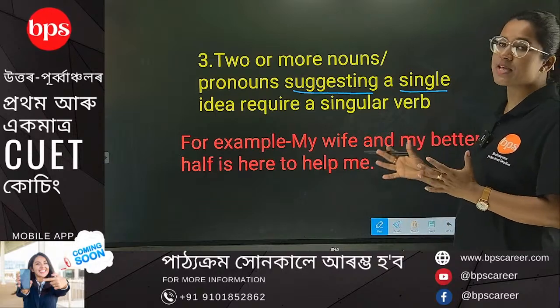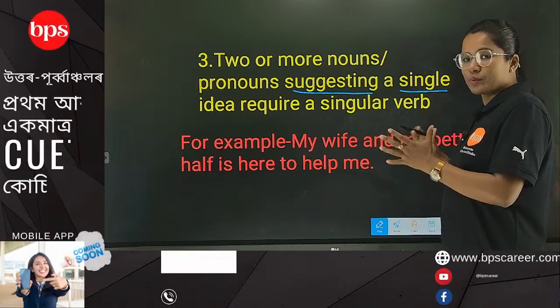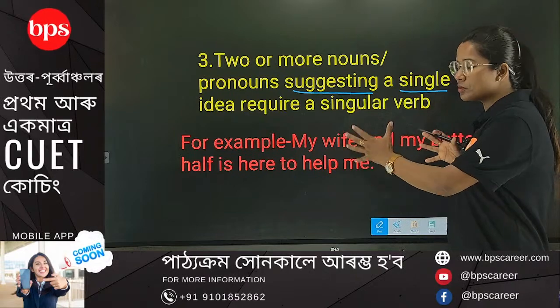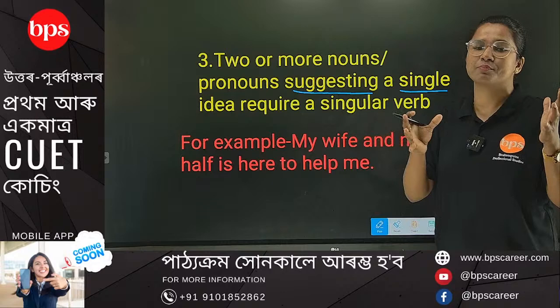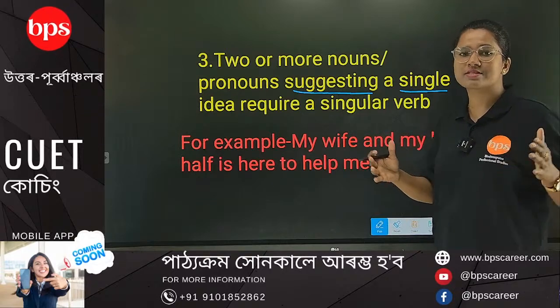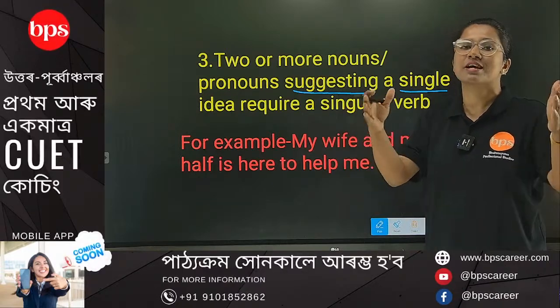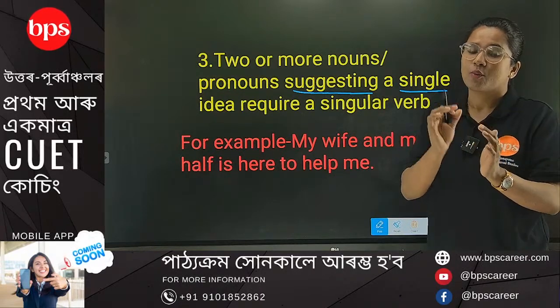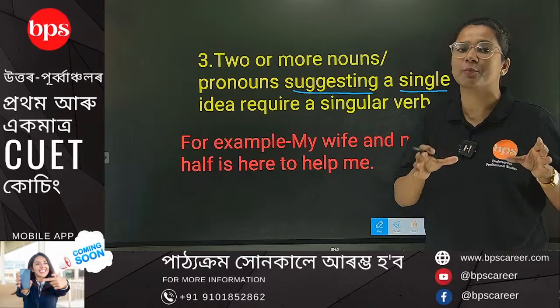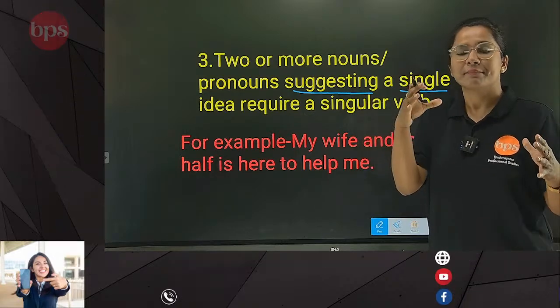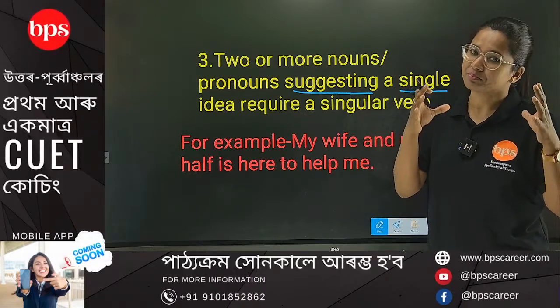So with the example, when we go through it we will know that a single idea is being projected, but with two forms. When the single concept or single idea is shown with the help of two or more forms, it needs a singular verb.